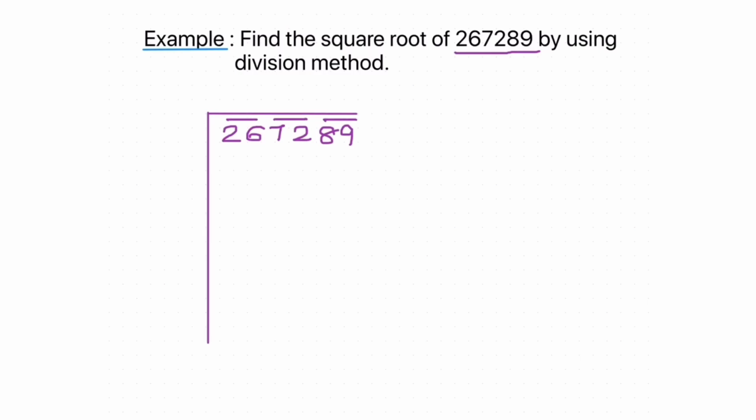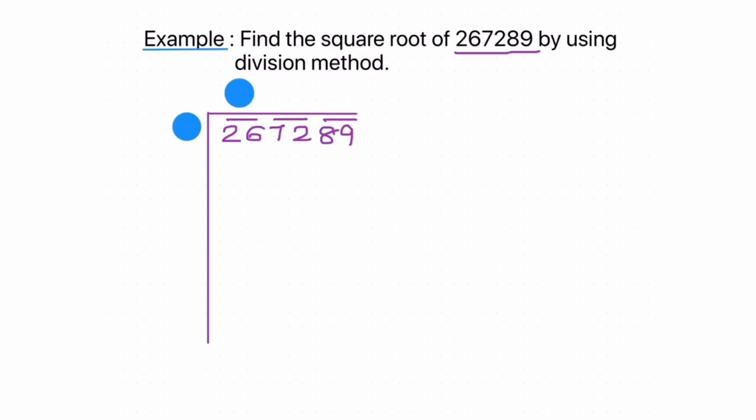The first pair, that is 26, will be the dividend. Now, we need to find the divisor and the quotient. That is, we need to find the greatest number which when multiplied by itself gives 26 or just less than 26.